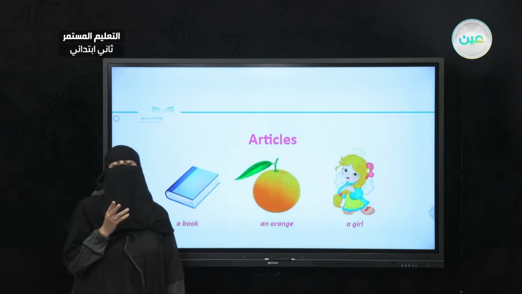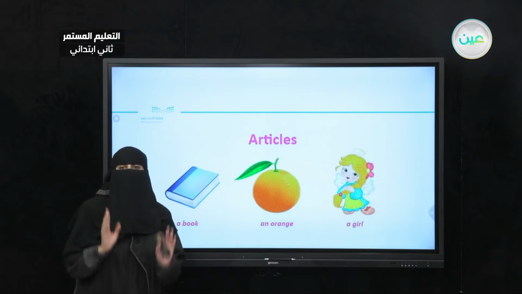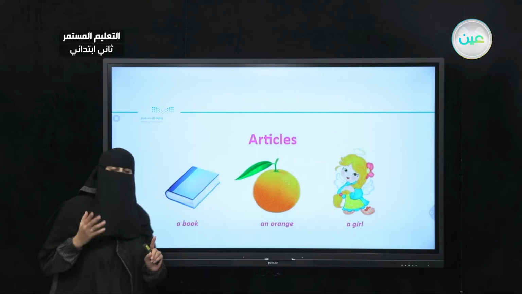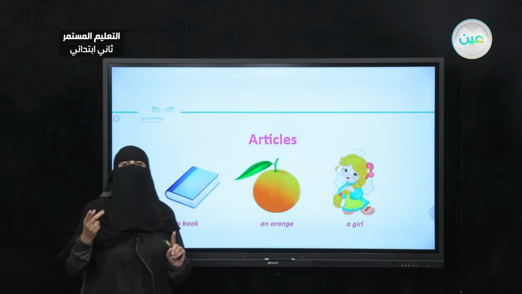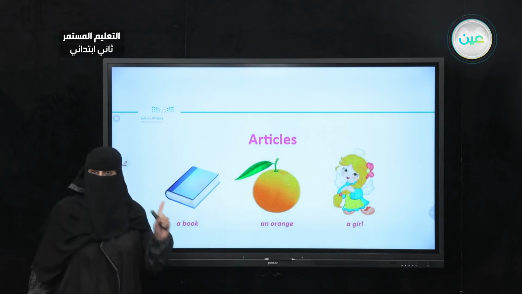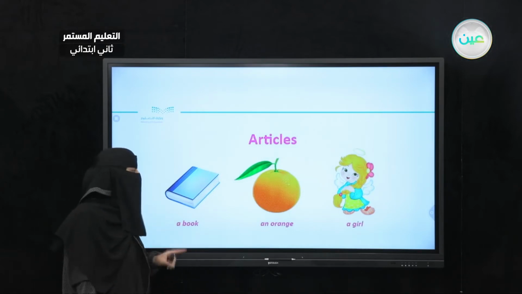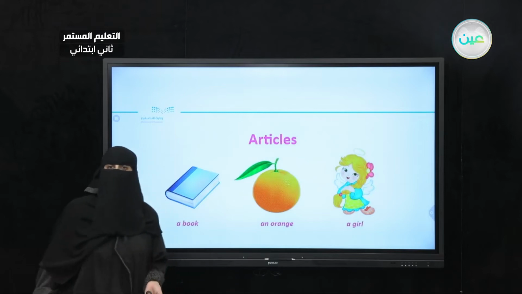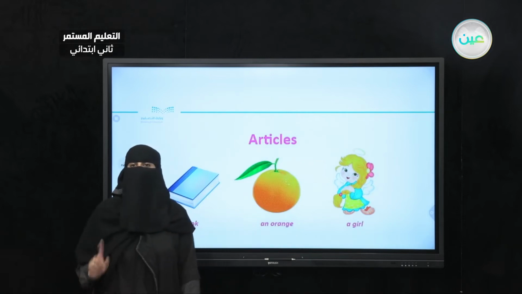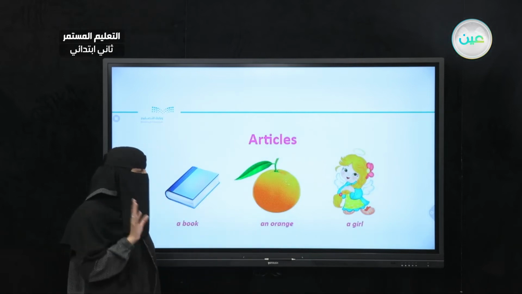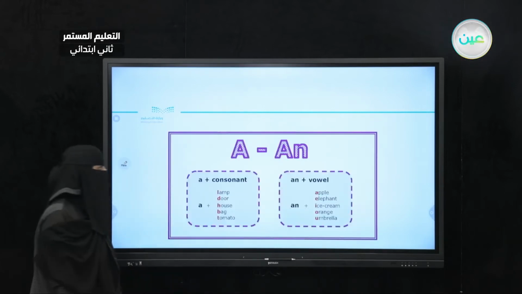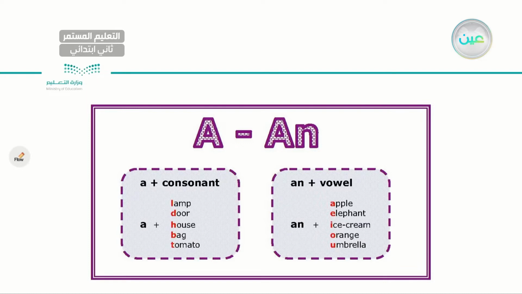It's not starting with a consonant, it starts with a vowel, O. The English vowels, if you can remember, are O, E, A, I, and U. So since I have a singular that starts with a vowel, I will use the article an orange. Last but not least, I have a girl, just 1 girl, okay? Since it's starting with a consonant, I'll be using a girl. Very good.